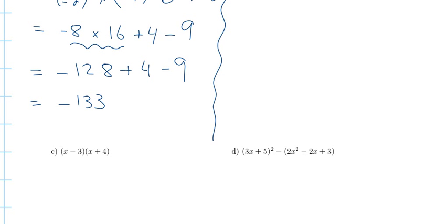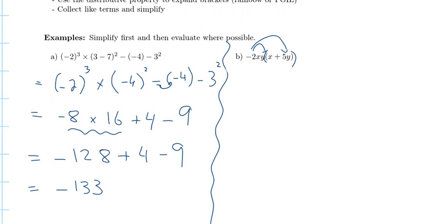So if I'm going to multiply negative 2xy times x, what do you get? Negative 2x squared y. Do you guys agree with that? Negative 2x squared y. Yes?